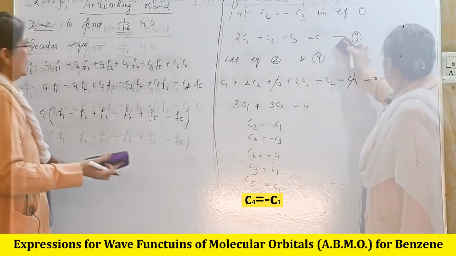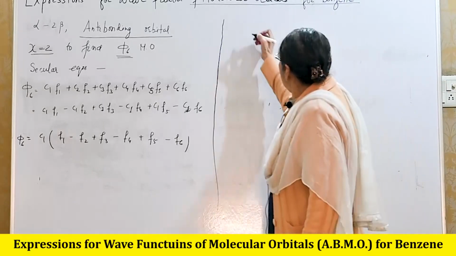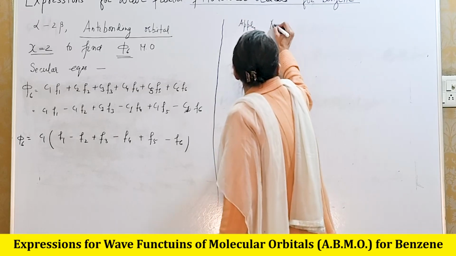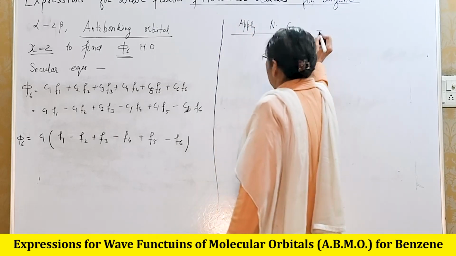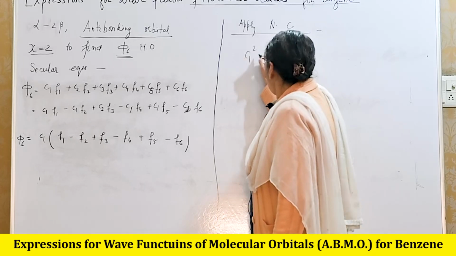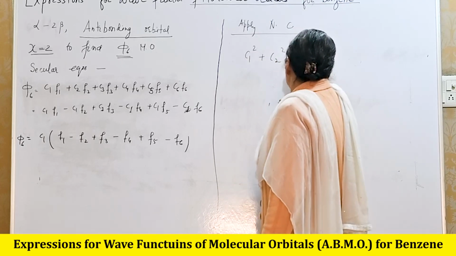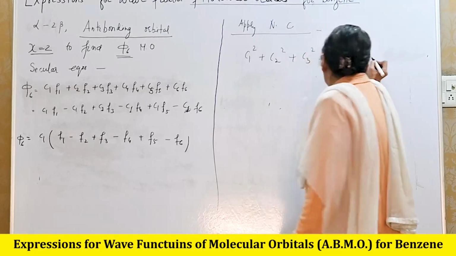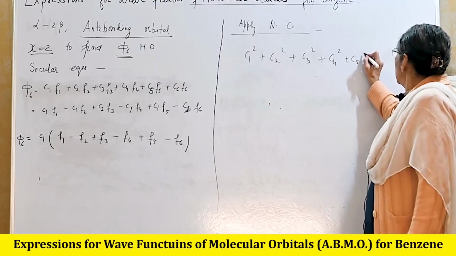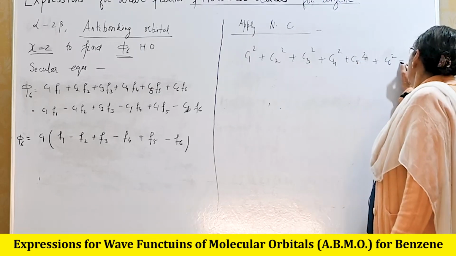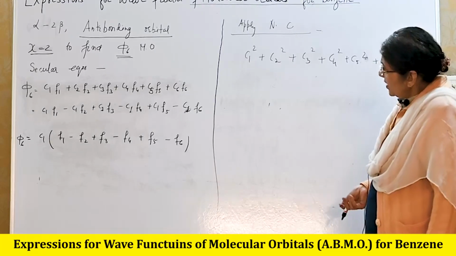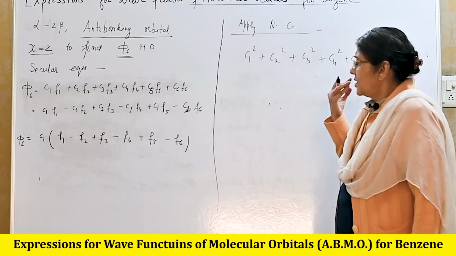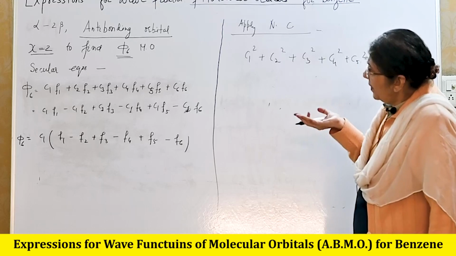And now apply normalization condition, that C1 square plus C2 square plus C3 square plus C4 square plus C5 square plus C6 square is equal to 1. C6 is minus C1, C4 is minus C1, C2 is minus C1.